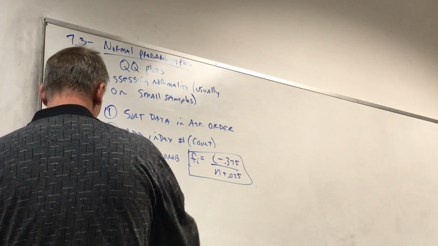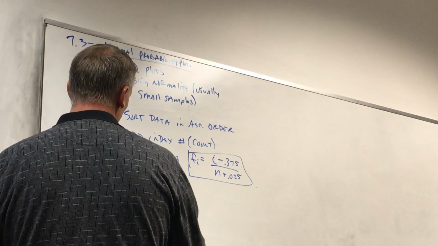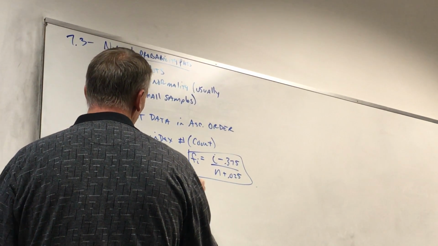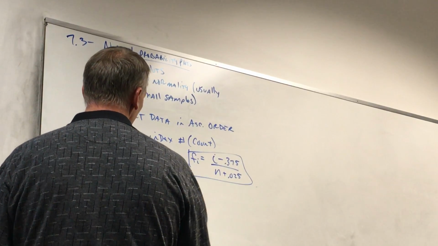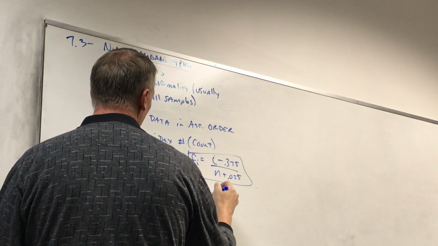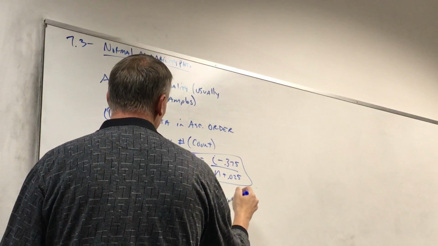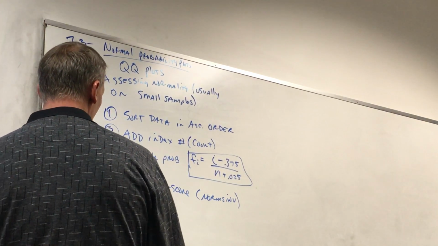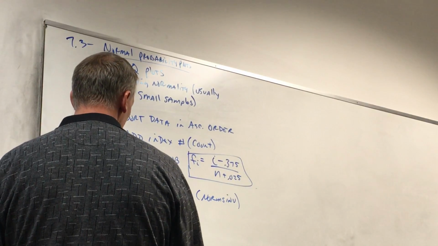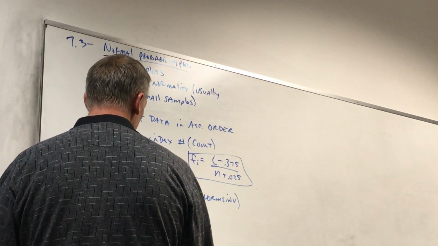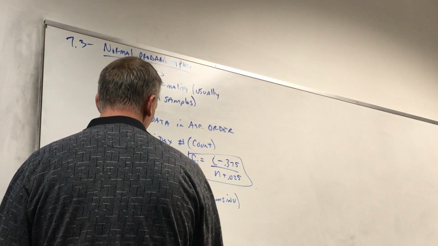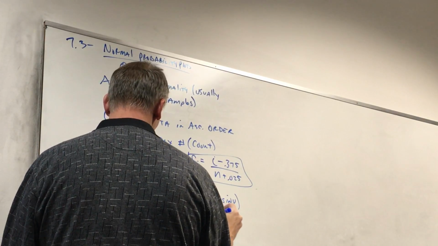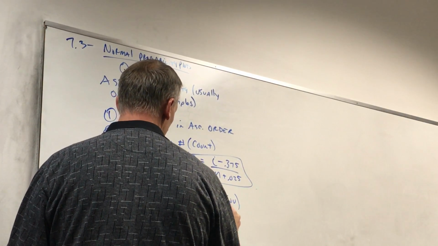Number 4 is find your z-score, which is with norm S inverse. Okay? And then 5 is plot the observed versus the z-scores.